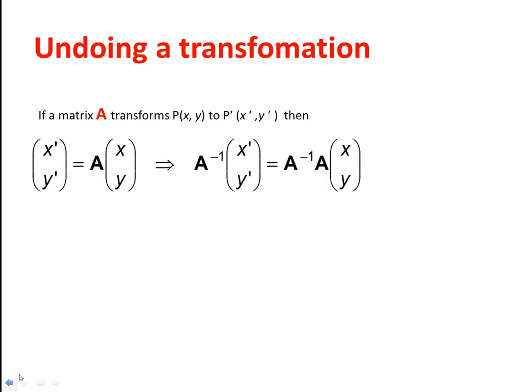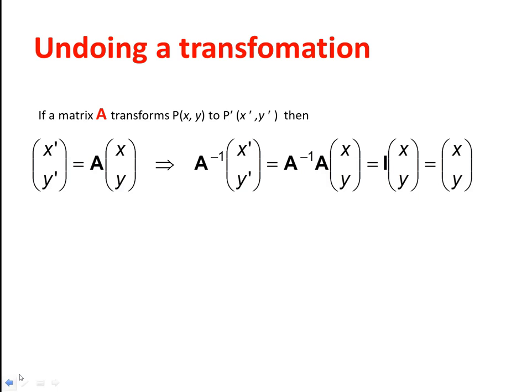So if I multiply both sides of that equation by the inverse of A, then we're going to get A inverse times x dash y dash is the same thing as A inverse times A times xy. In other words, A inverse times A is the identity. So A inverse A times xy is the identity times xy, and the identity times xy is just xy.